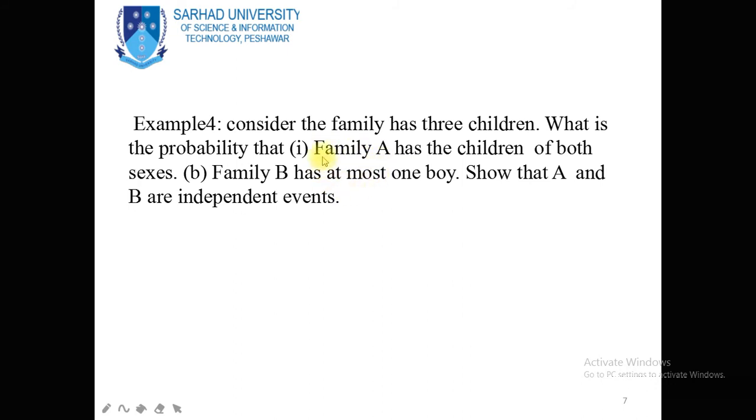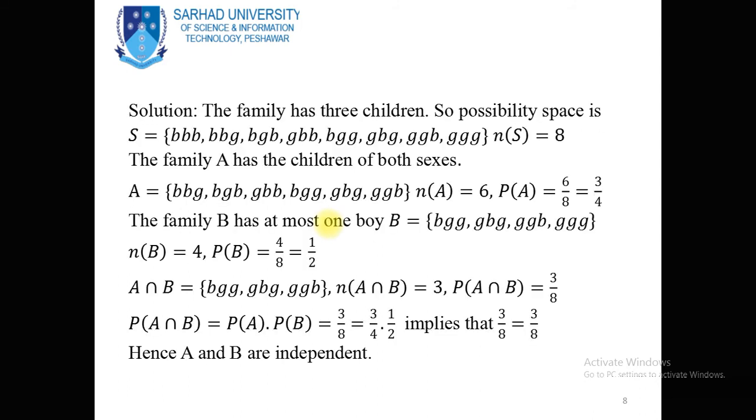In this case, we have the AND option to find the probability of A and B, and we need to show that A and B are independent events. So for this case we use the multiplication law of two independent events.